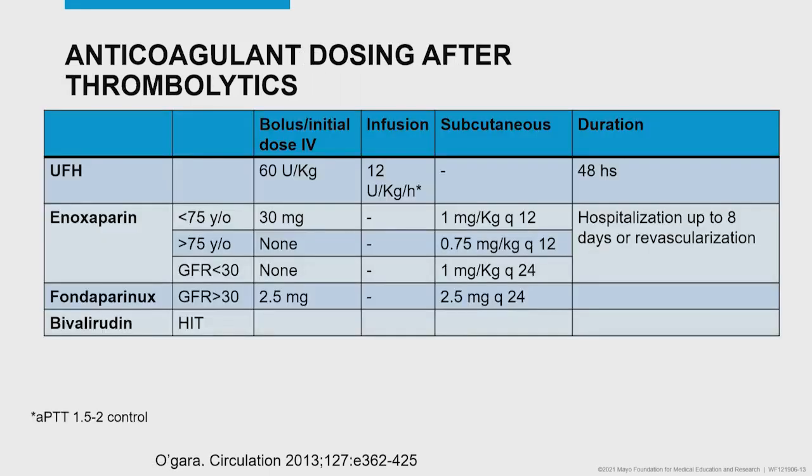For the dosing of anticoagulants after thrombolytics, you also have a table in your syllabus, but we adjust the dose of enoxaparin based on the age and the renal function. And for fondaparinux, there's also adjustment for renal function. Bivalirudin, we prefer to use it for heparin-induced thrombocytopenia.